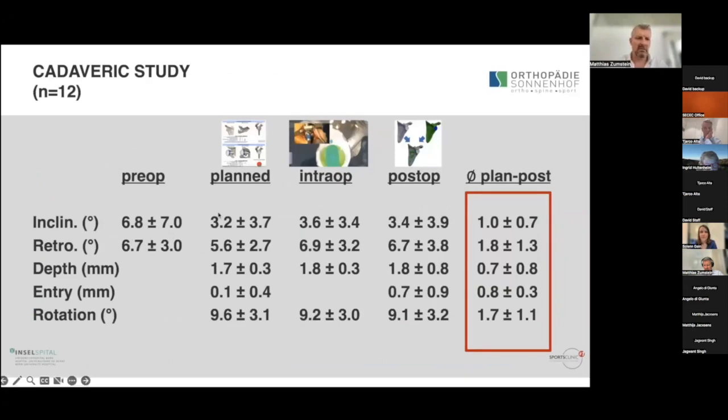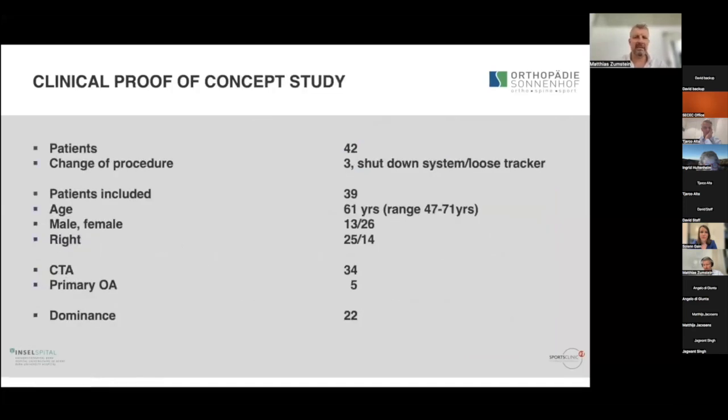In terms of inclination, we planned 3.2 and we had just a deviation of 1 degree. For all the parameters, retroversion, depth, entry point, as well as rotation, we were below 2 degrees or below 2 millimeters.